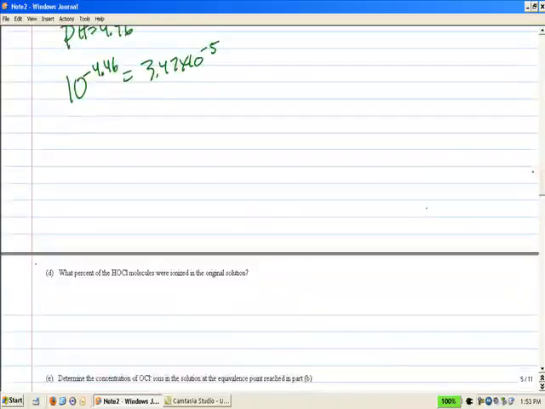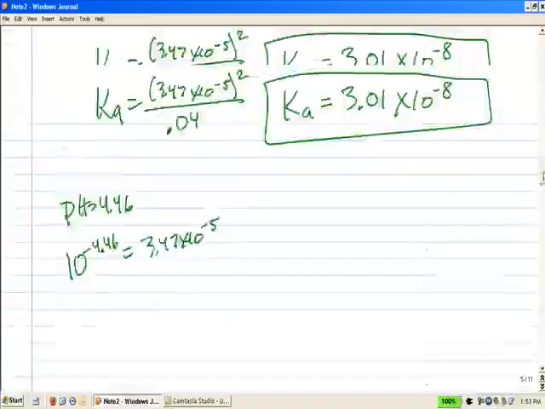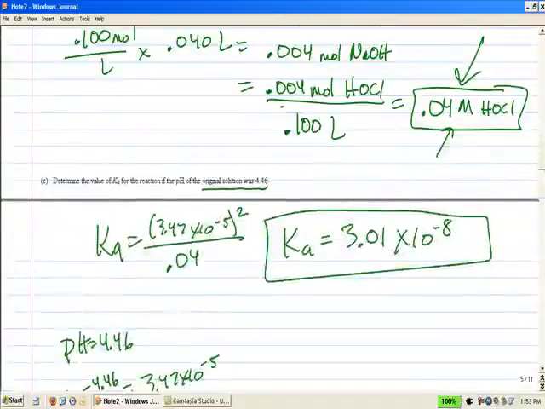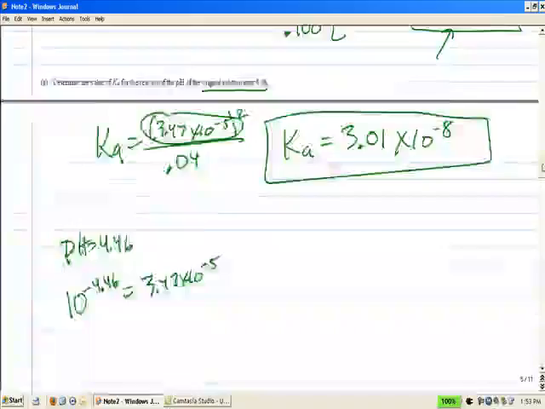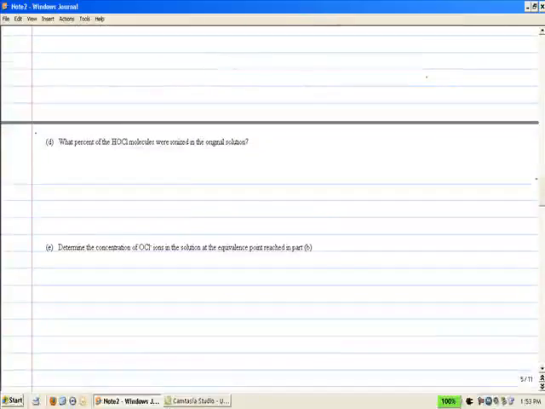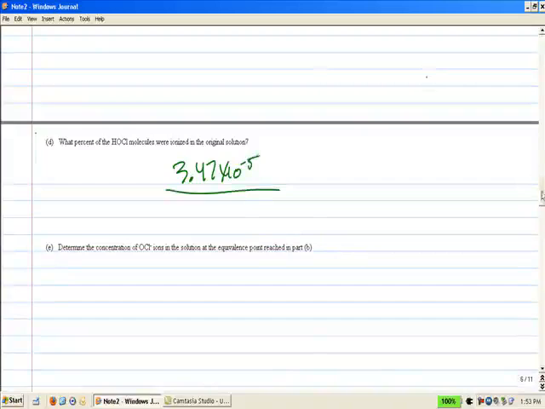Okay, and then D, what percent of the HOCl molecules were ionized in the original solution? Well, the original concentration was 0.04, and we know that 3.47 times 10 to the negative fifth is the new concentration. So what percent of it ionized? Well, 3.47 times 10 to the negative fifth is how much ionized.